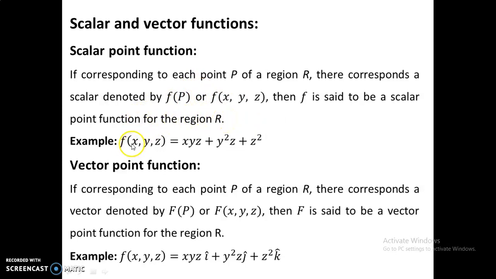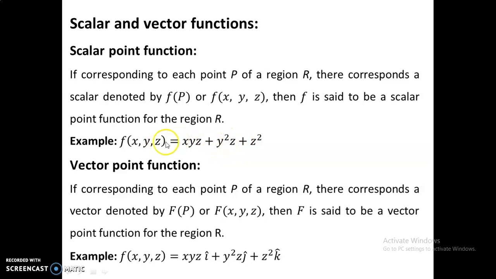For example, f of x comma y comma z equals xyz plus y square z plus z square. There is no vector here; each term is a scalar quantity.